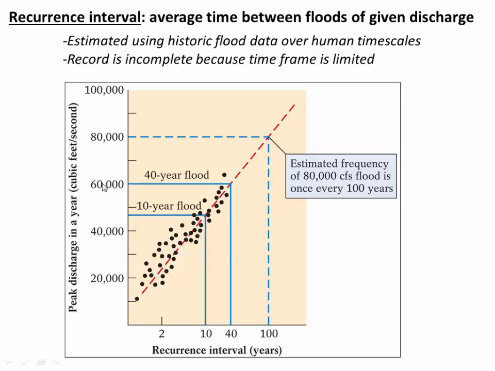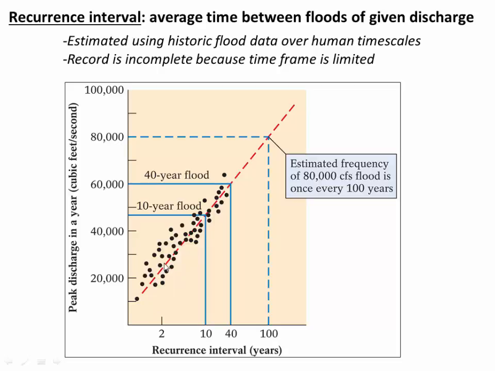The way it's done is that hydrologists gather data on historical floods, and that's usually over human timescales, for example, over the last 100 years, sometimes even less. They consider a few hundred data points of floods over the last 50 to 100 years, and they make this plot of discharge during the flood versus how often a flood of that size occurred. And of course, on average, those smaller floods occur more often.